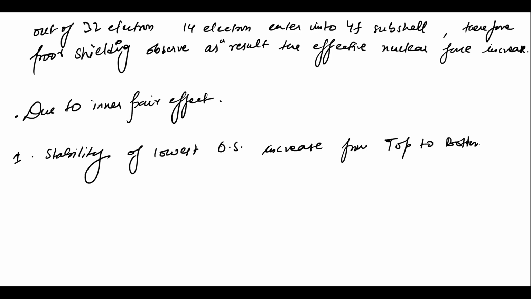For example, tin has +2 and +4 oxidation states, and carbon has +4 and +2 oxidation states, because carbon is above.